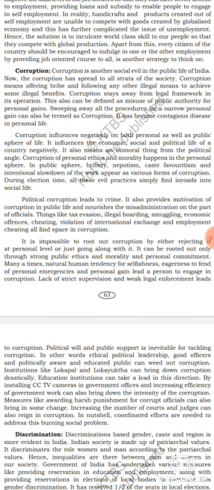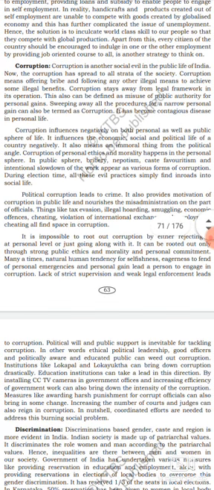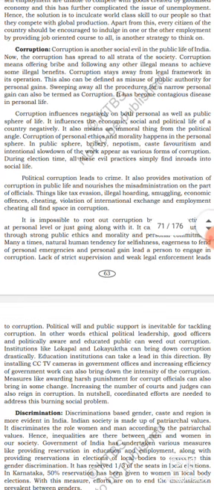How can we weed out corruption from society? Through ethical political leadership, appointing good officers, and politically aware and educated people, we can weed out corruption from the country. Is it?